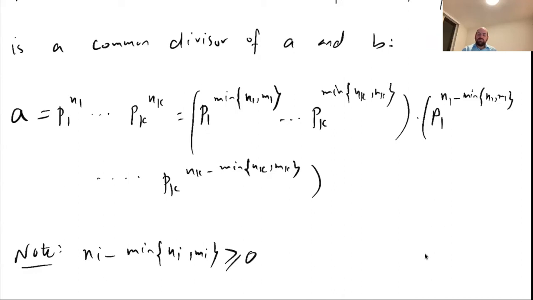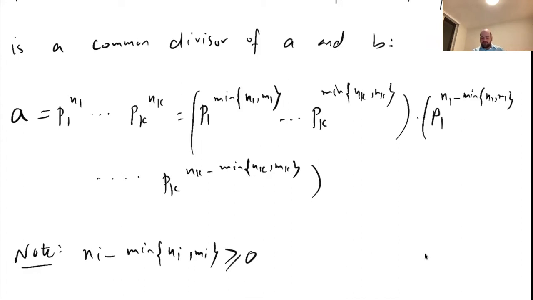So all these concepts, factors, divisors, were for integers. So if I can write my number A as D times some integer, then that means D divides A. But if I write A as D times some non-integer or some fraction, then it doesn't mean that D divides A. So I need all numbers to be integer, which means all powers to be non-negative.